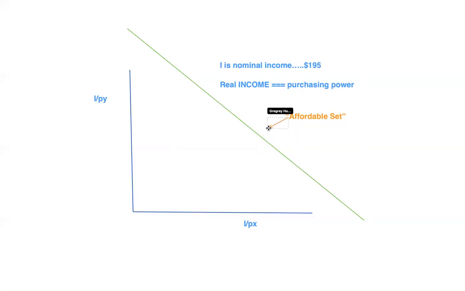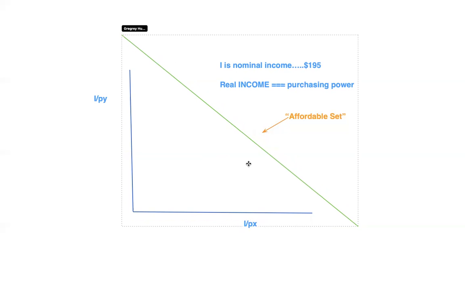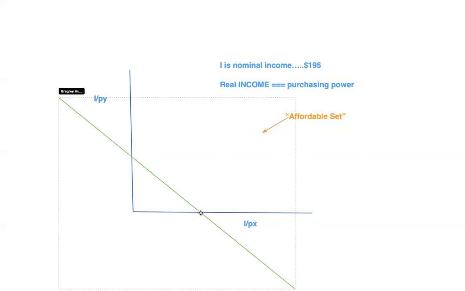And so the purchasing power is really a measure of this affordable set concept. And if I decrease nominal income, I'm going to shrink the affordable set. So maybe I should write that here.